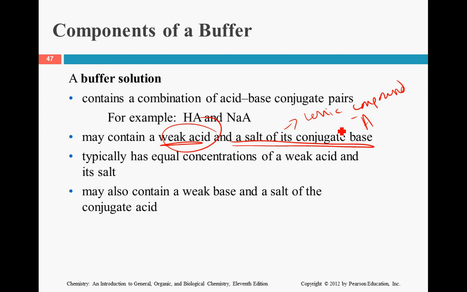So it could be K, it could be Na, whatever. It has to have one less hydrogen and a metal ion in its place. Typically there are equal concentrations of the weak acid and its salt, so that one is not being overpowered by the other.